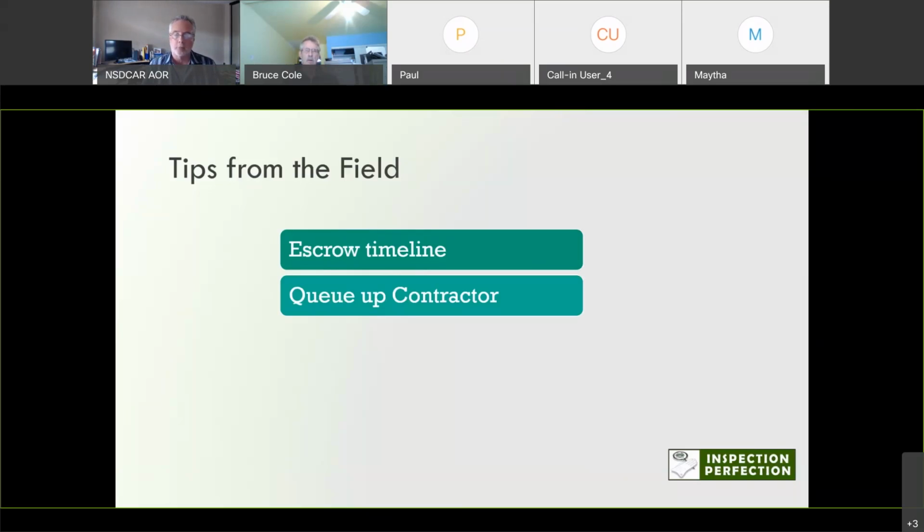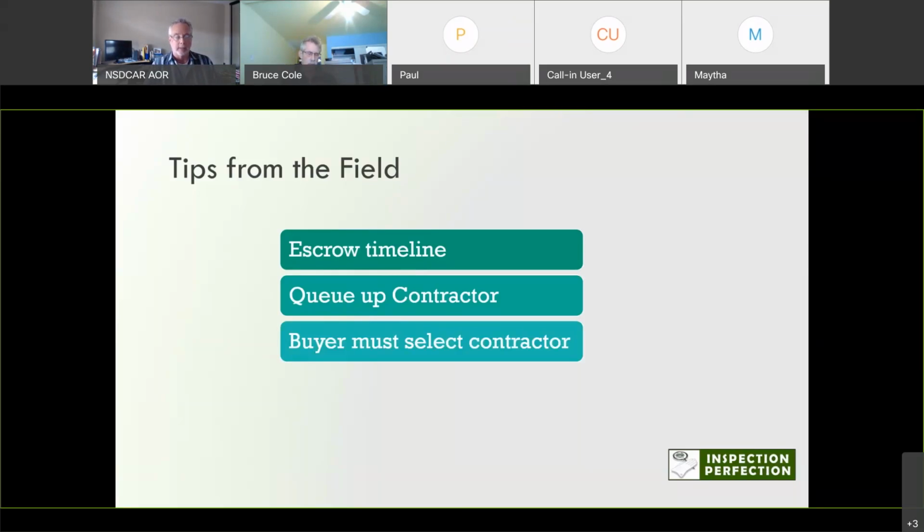Getting a contractor on board is really, really important. As soon as I'm on board, I want to start talking to the contractor and making sure he understands how this program works, so we can hit the ground running and get the bid put together, because we're trying to do this within the escrow window.